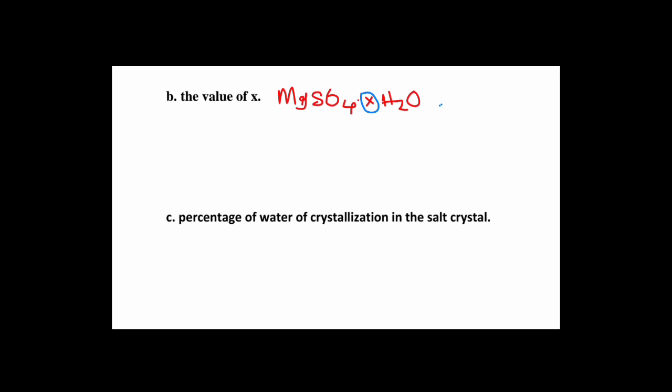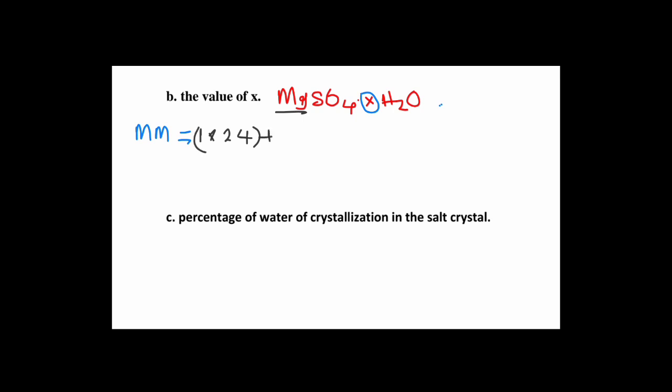So we are going to say molar mass of magnesium sulfate, a hydrated salt, equals, we have 1 mole of magnesium, so we are going to say 1 times the atomic mass of magnesium, which is 24.